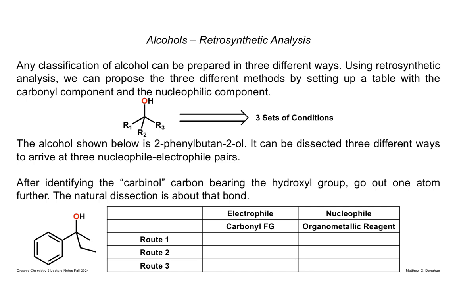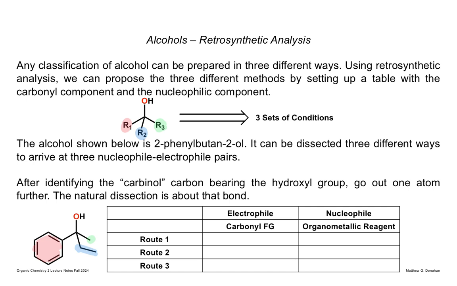So notice here, we have R1, R2, R3, and really what we're going to focus on is this down here, a model substrate, so there would be R1, this would be R2, and that would be R3.